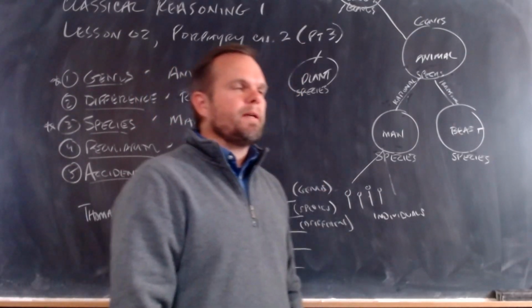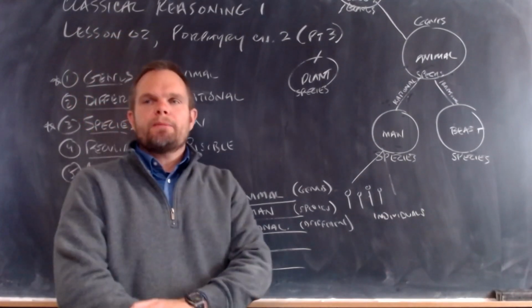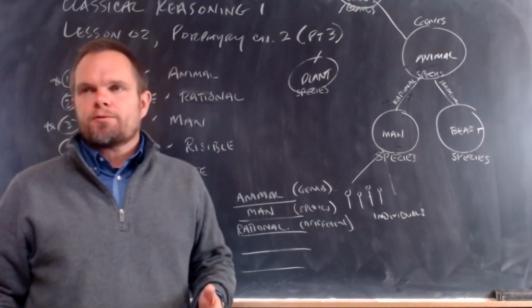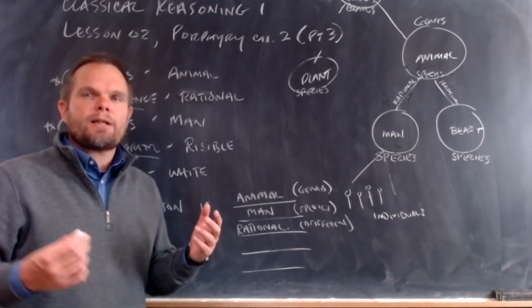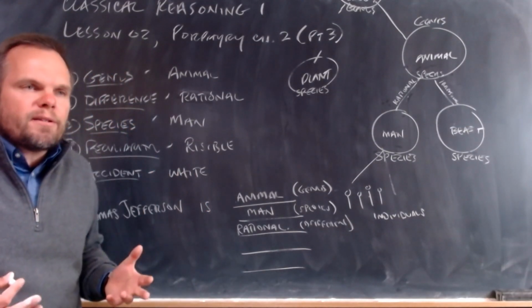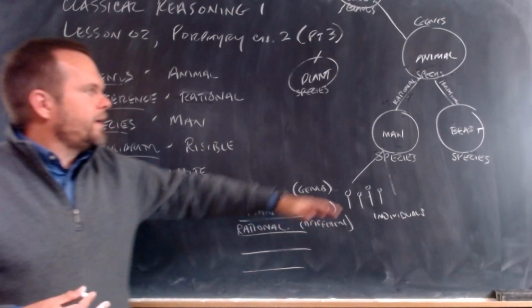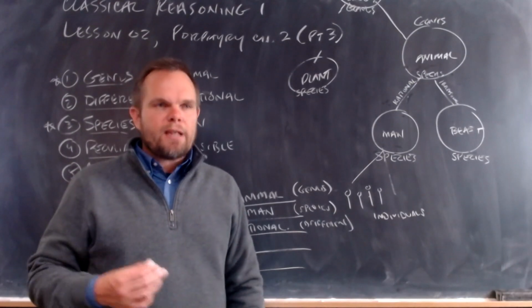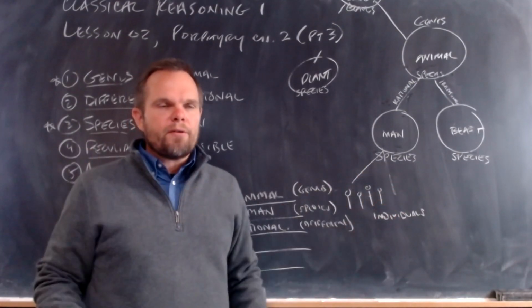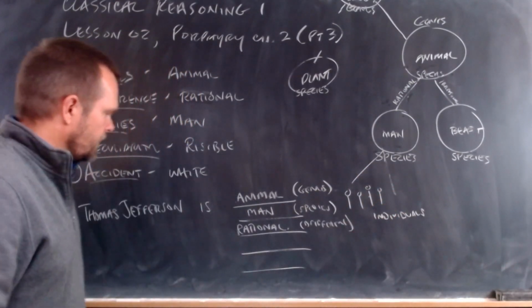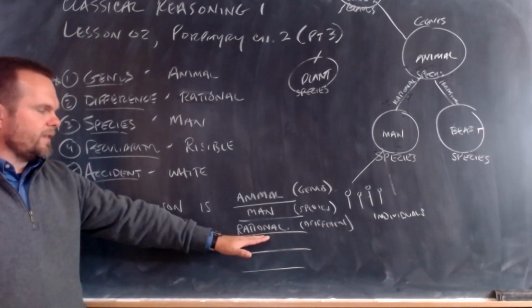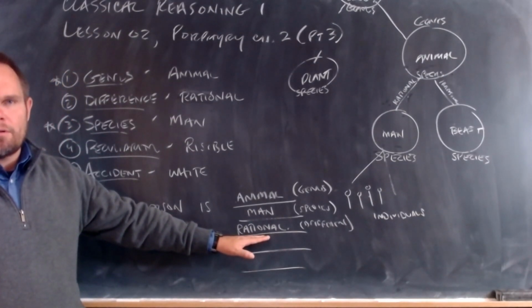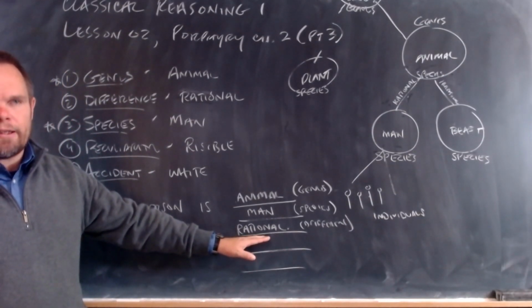So if you ask me, what can you tell me about Thomas Jefferson? I could say, well, Thomas Jefferson is rational. That is actually the difference that makes him a man and separates him from all other animals. Think about it.